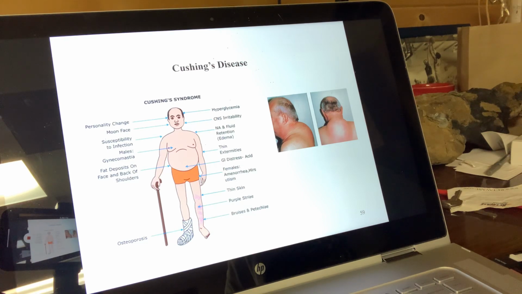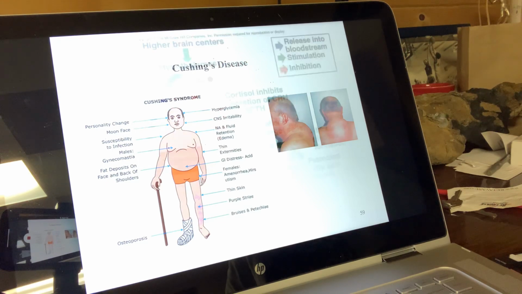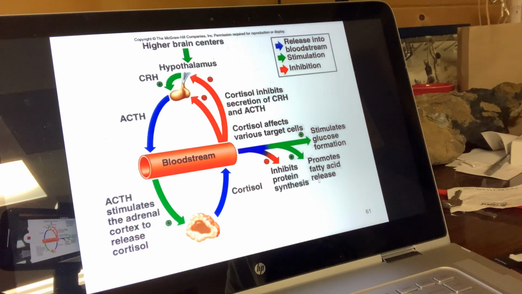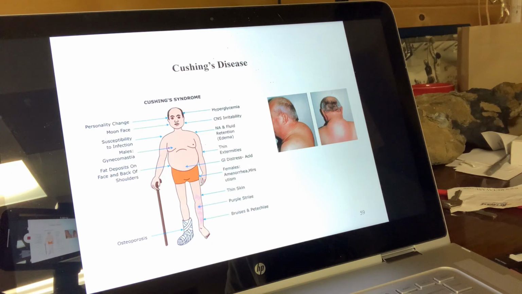Cushing's disease is a condition of too much cortisol. If you have too much cortisol, you end up with all of that fatty acids released being deposited in the tissues. You end up with these areas of fat deposition. You end up with high blood glucose levels. It does affect the brain. The skin appears thin.